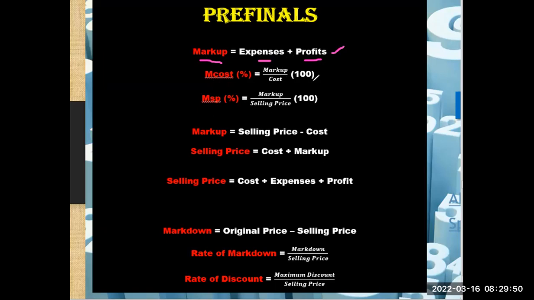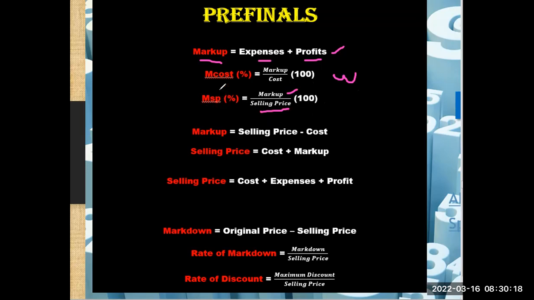Yan, para maging percent siya. Okay? Yung ginagawa natin, nag-move tayo ng 2 places going to the right. So, ita-times mo lang siya sa 100, ganun din yun. You will end up having the percent. Okay? Next, this one naman, markup based on selling price is equals to markup divided by the selling price and multiply it by 100.